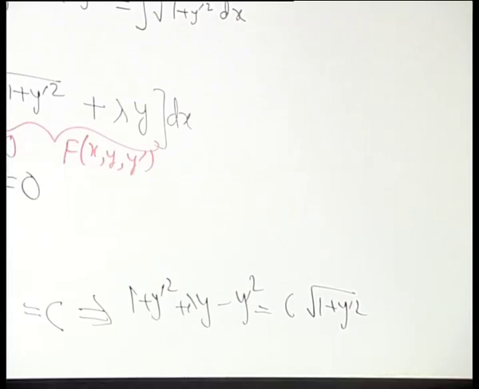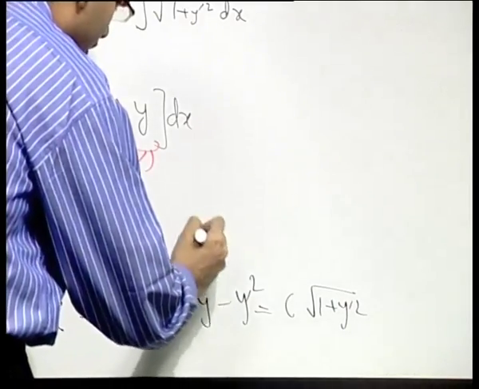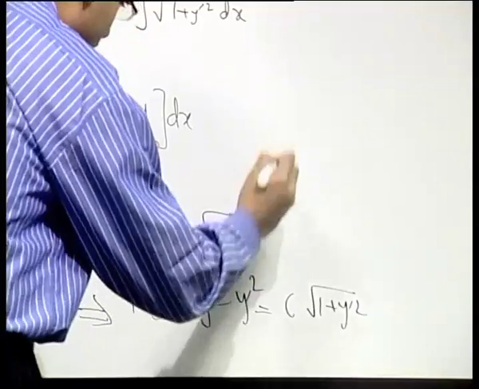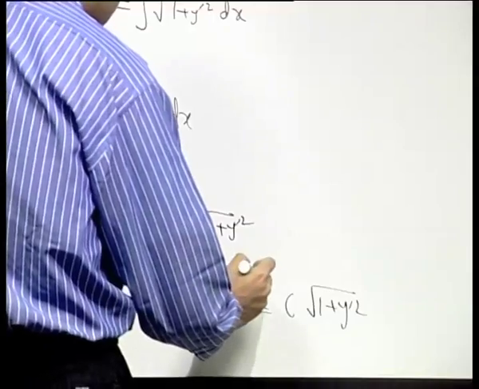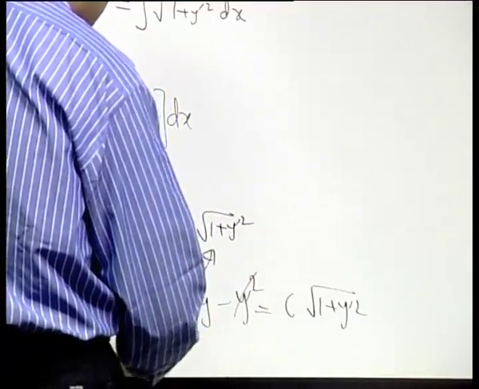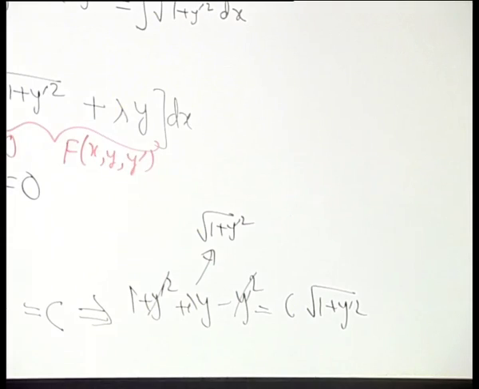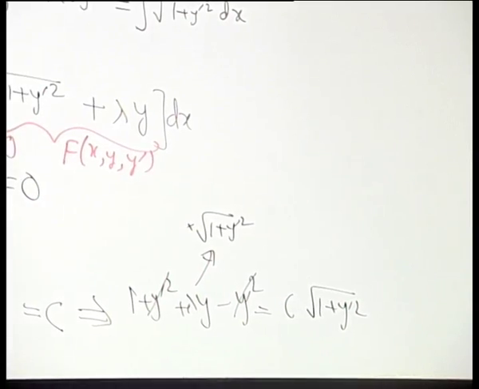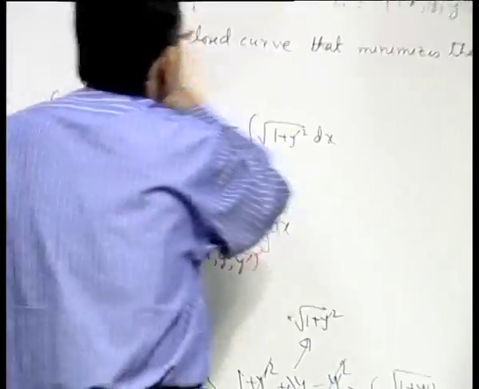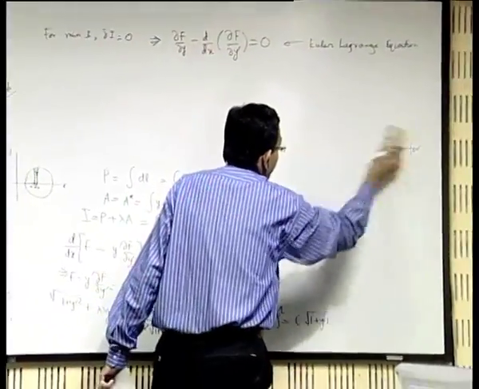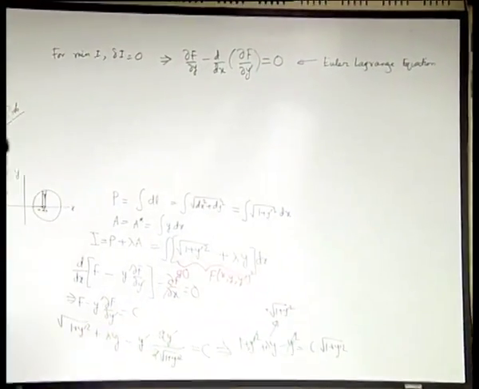Lambda y into square root of 1 plus y prime square. So, this into, right. Then the remaining part is the mathematical simplification.